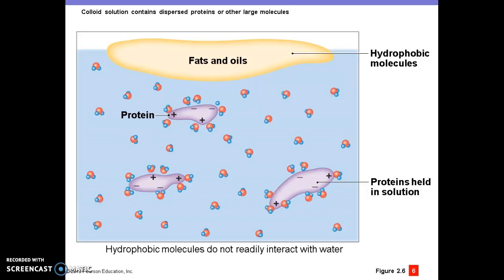Our blood contains proteins that are dissolved in the water, and the proteins remain intact as a protein, but they are surrounded by water molecules. These are called colloid solutions.